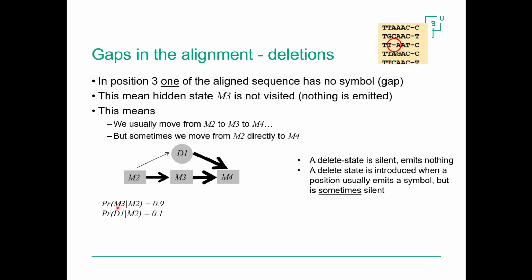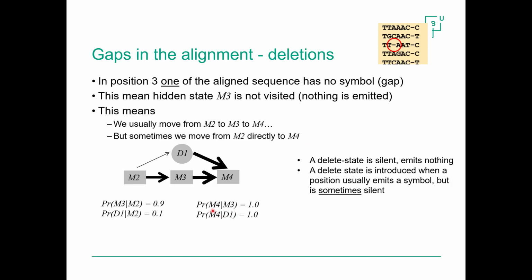And typically we then have the probability of going to M3 from M2. That's what this means, the conditional probability. Probability of visiting this box, given that you are in this box, is, for instance, 0.9, a high probability at least. And then the probability of visiting D1, given that you are in M2, is smaller. So these actual numbers here I just took out of thin air, but these just indicate this probability is always big and this is small. Exactly how big and how small varies, of course, given the data.